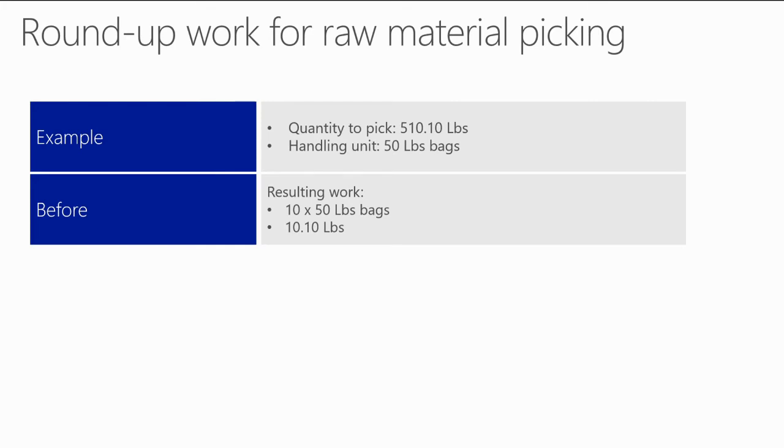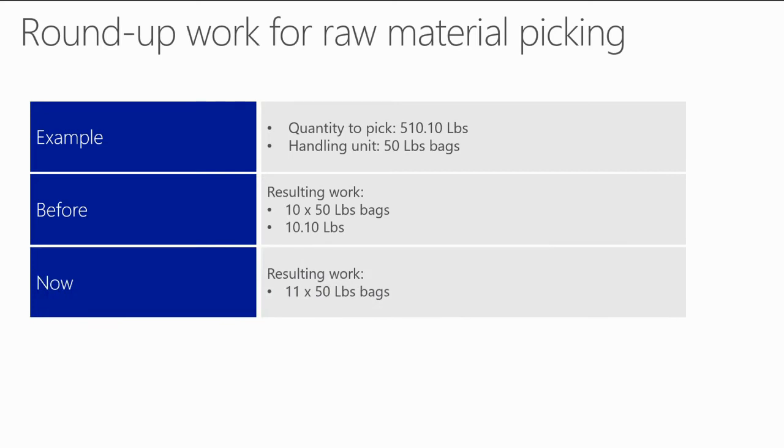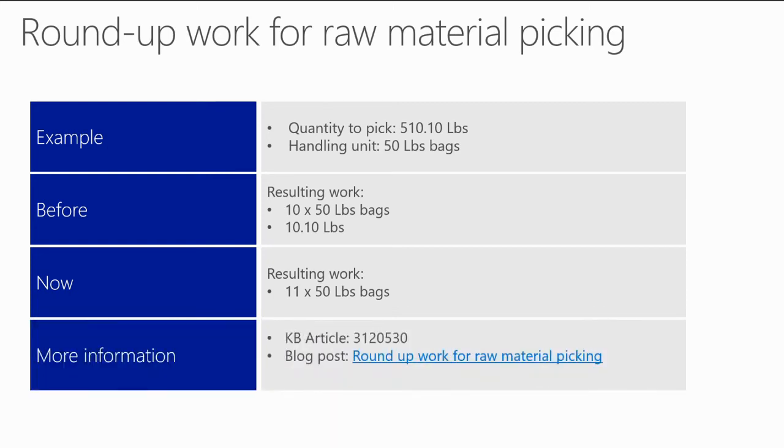And that actually means over-picking. So we worked on that and introduced that. We can also do the before example, but what we can do now is, in this example, round up to the 11 bags. And that is what Tim is going to show you now. So I'll hand it over to Tim.